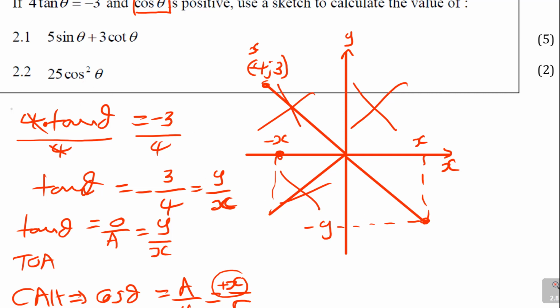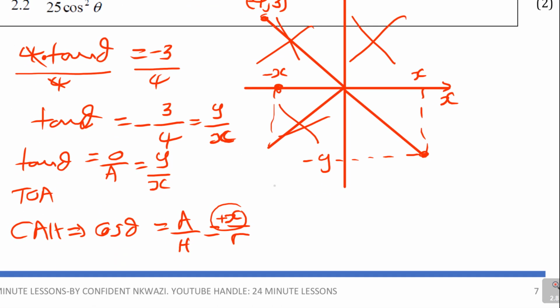I can rewrite my tan theta and say here my tan theta is equal to, remember it was 3/4, but which one is y over x, so it's minus 3/4.